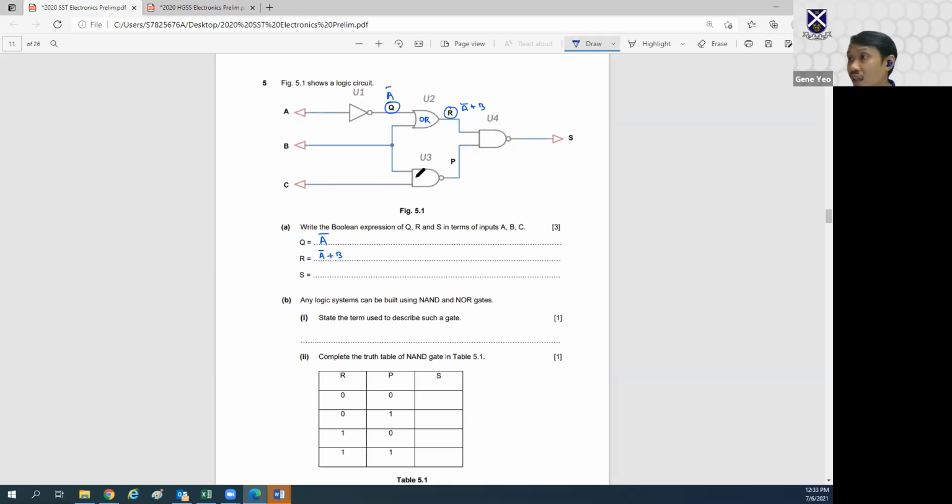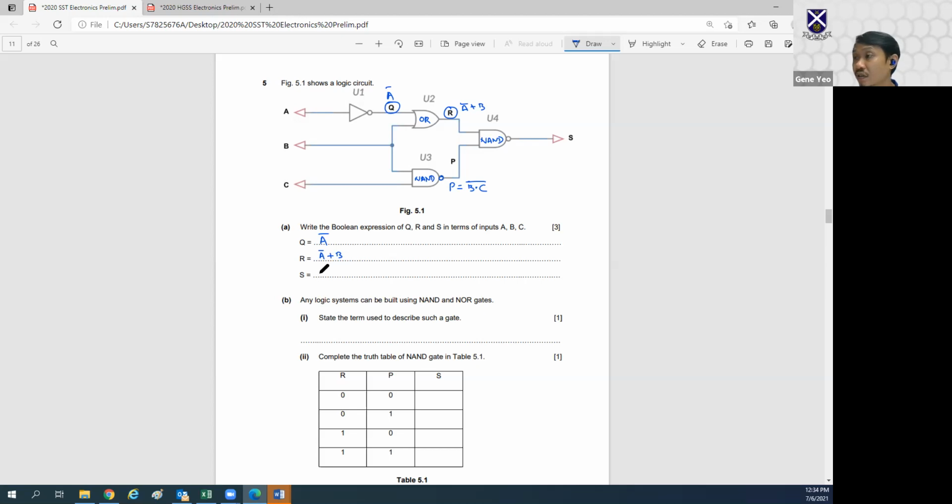This is a NAND gate. So I'll write P here. This is B and C, NAND. The circle means it is the complement. And this is another NAND.